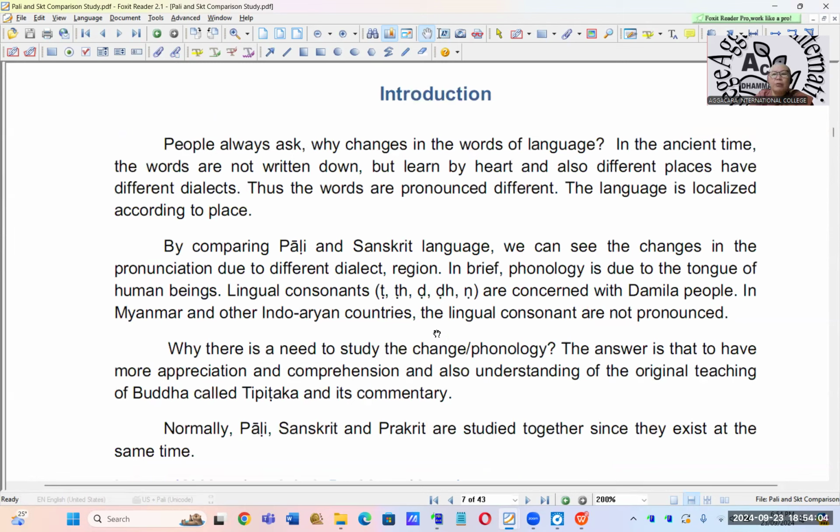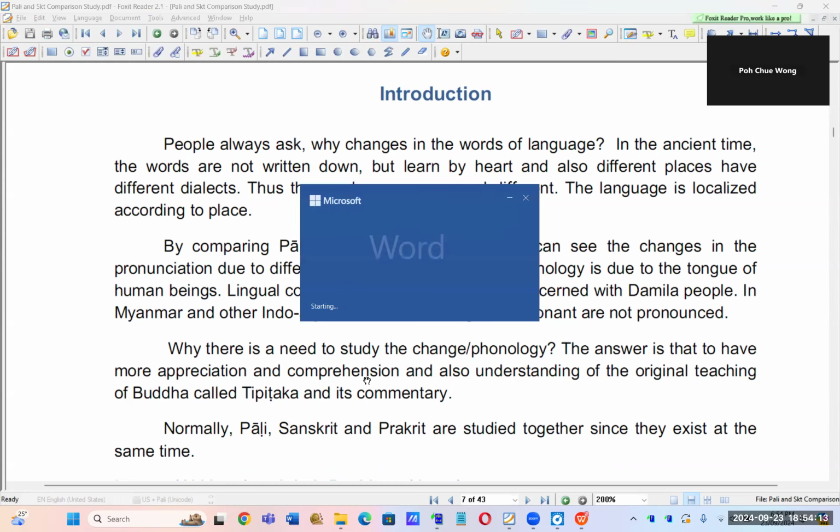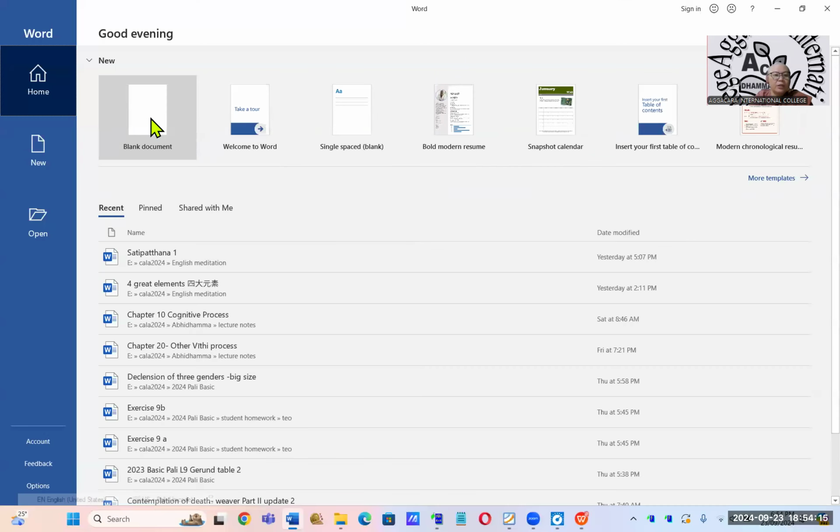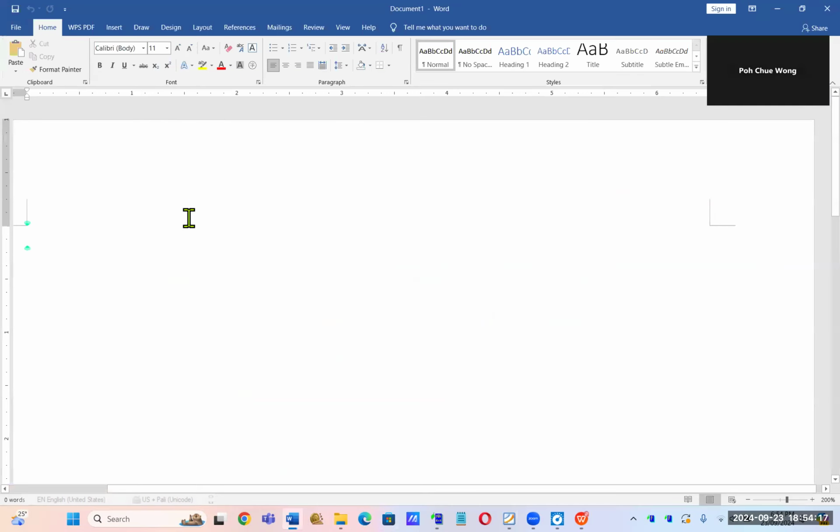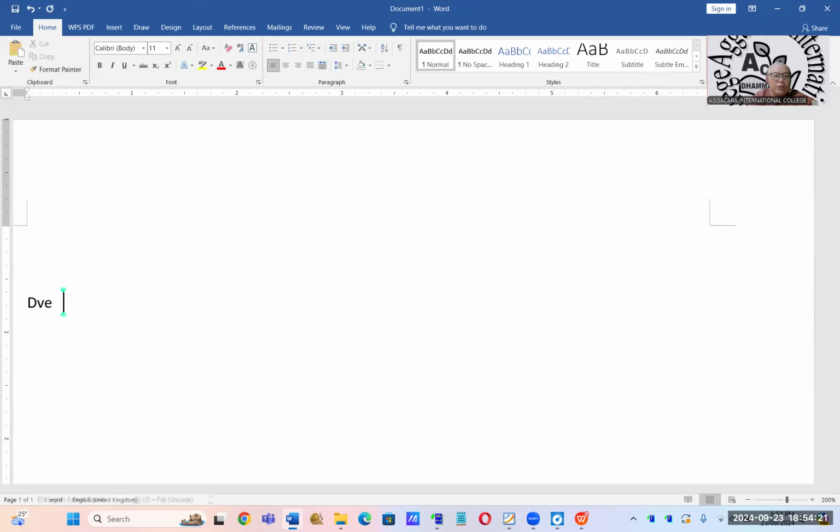Like for example, the Pali word dvi, come to Malay, becomes dua. So why do we write dua? Pali is dve, right? Then in Malay it becomes dua. If you notice, dua and dve are actually quite the same sound.